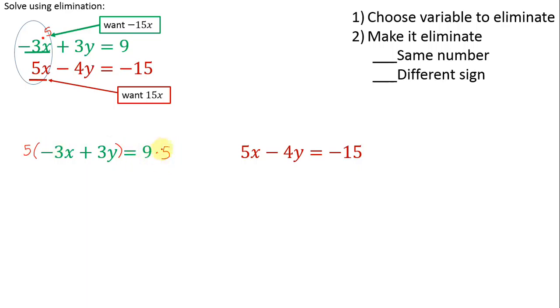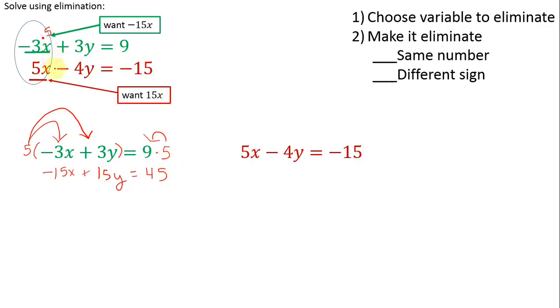And I'm not going to forget to do that other side too. 5 times negative 3x gets me negative 15x. 5 times positive 3y will get me positive 15y. And 5 times 9 gets me positive 45.